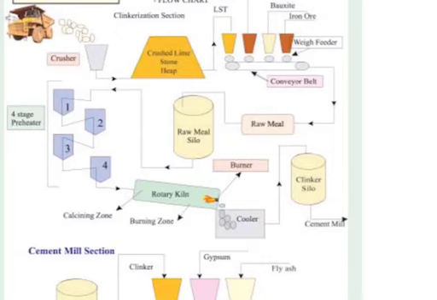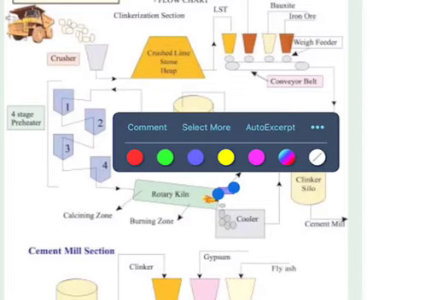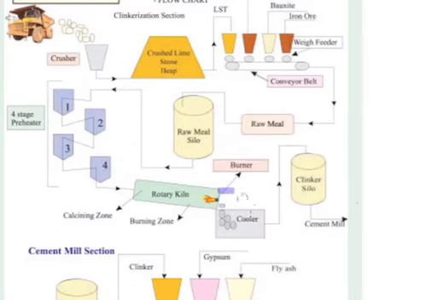Finally, the rotary kiln is where we subject it to a higher temperature of around 1300 to 1500 degree centigrade.